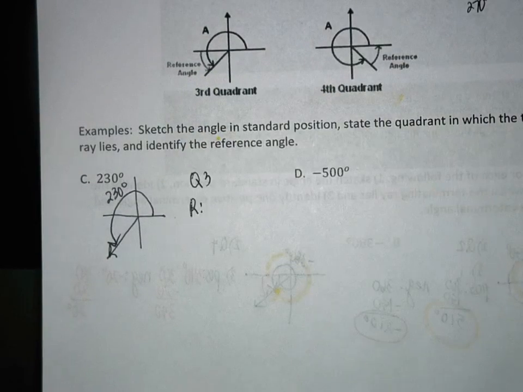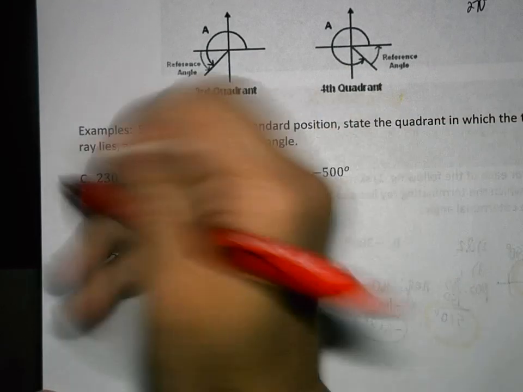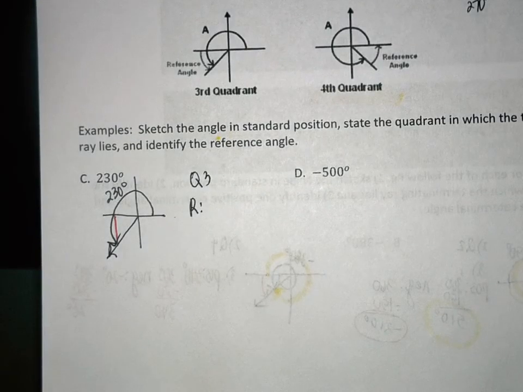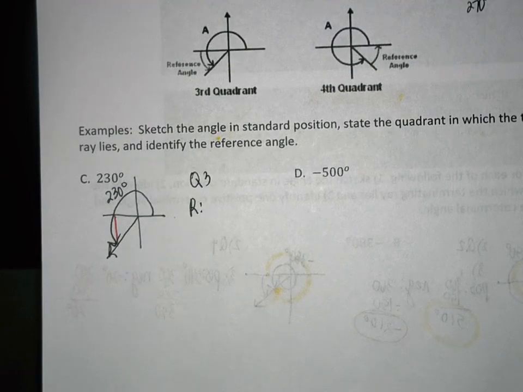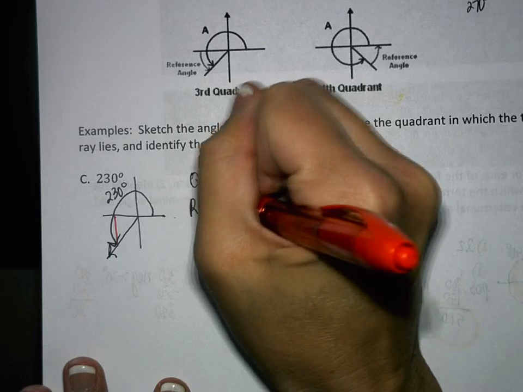Remember that your reference angle is always positive, so you don't have to worry about any negatives. It always goes up to the x-axis. Okay, what will be my reference angle there? The correct answer is 50 degrees.